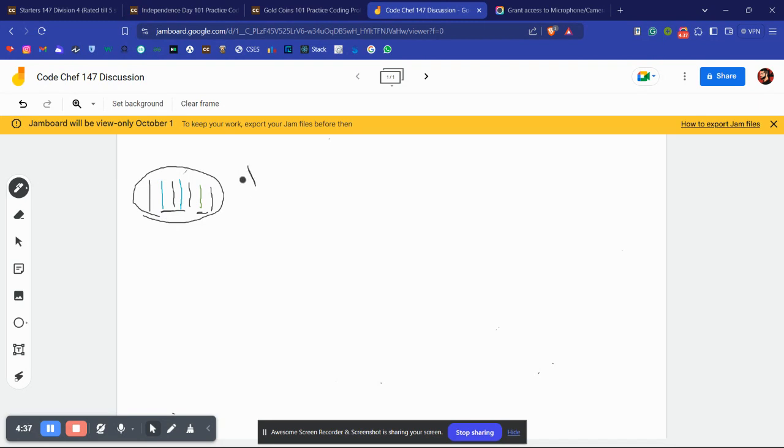Whether we place it on this side or this side, it doesn't really matter. We have failed to arrange the strips in the way mentioned in the question.